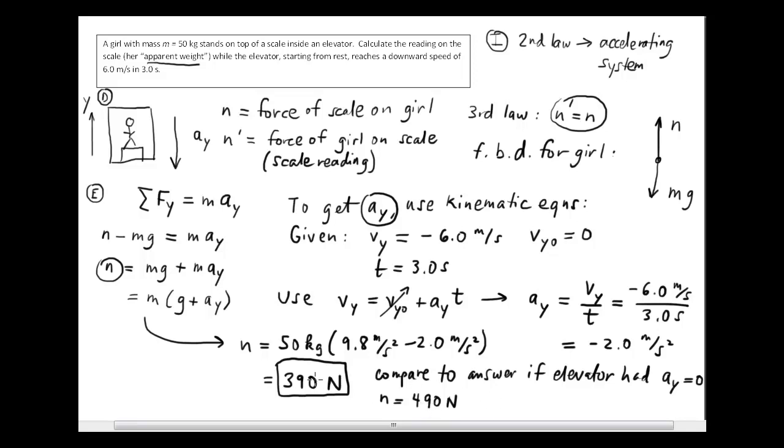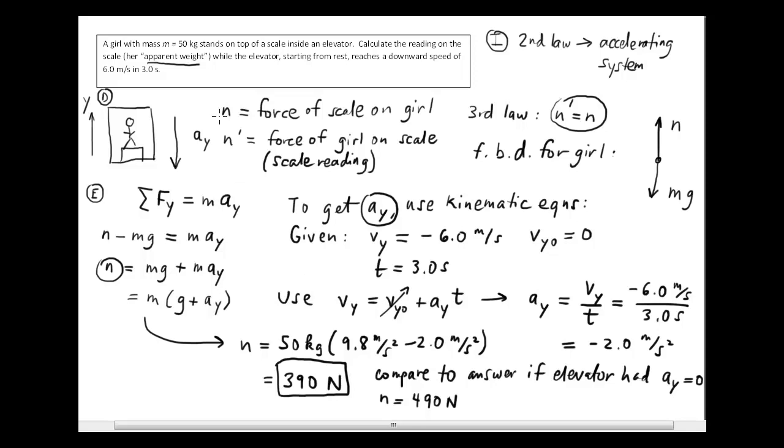And then when the elevator reaches the bottom and it begins to slow down as it reaches the destination, in that case the acceleration would be upward. And then you feel heavier. Your apparent weight increases.